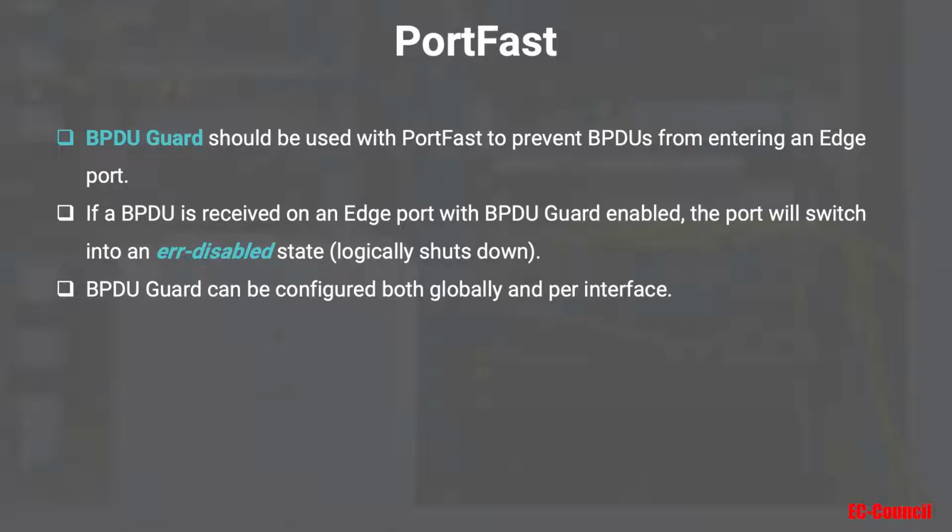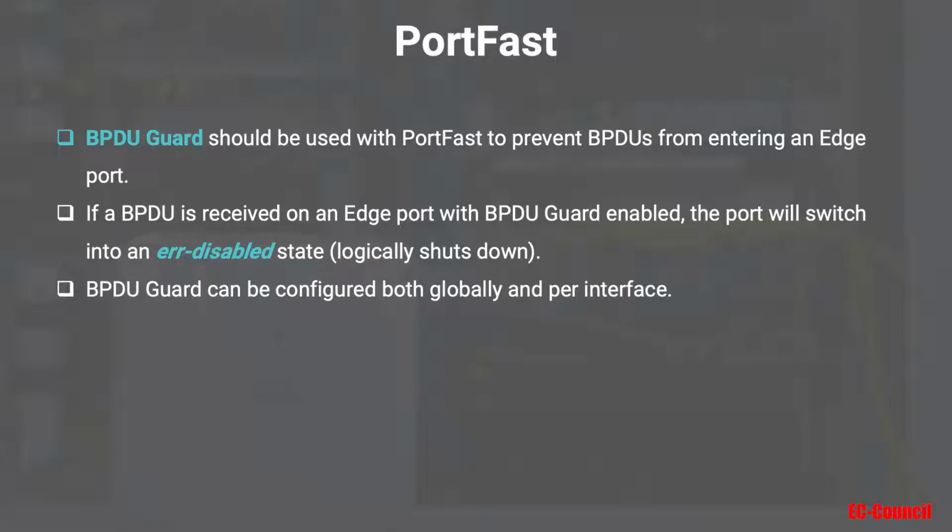Since we will be configuring edge ports that are connected to our end devices and to non-switches, we need to implement a safeguard. This safeguard is called, guess what, BPDU guard, because a port that is configured with PortFast is not expecting a BPDU. BPDU guard should always be configured on interfaces that use a PortFast configuration, simply to prevent BPDUs from entering any edge port.